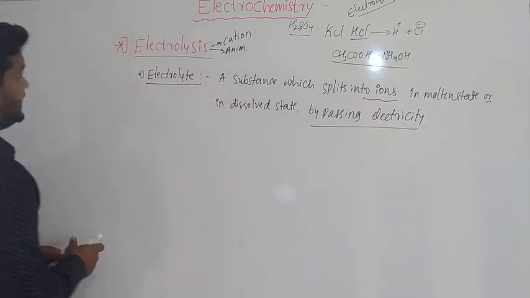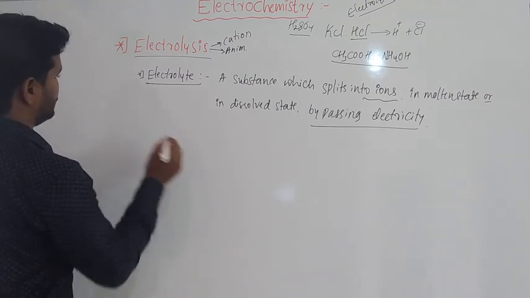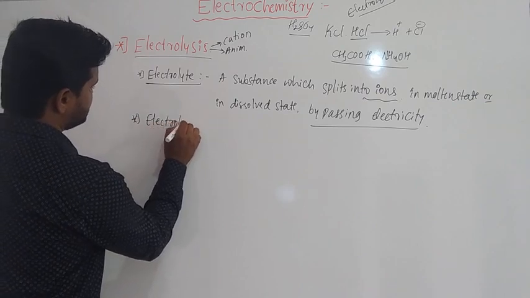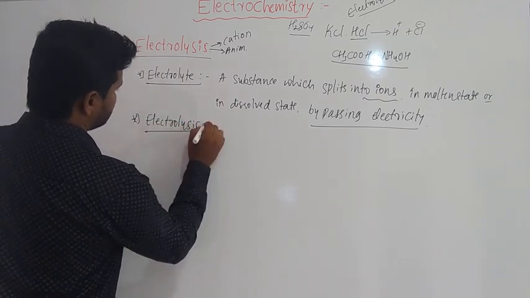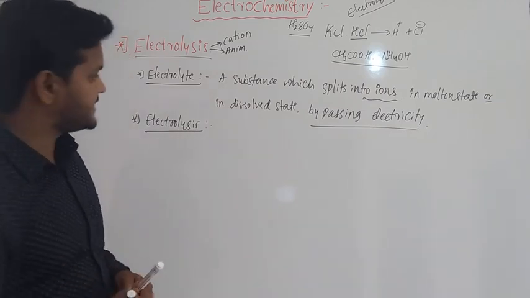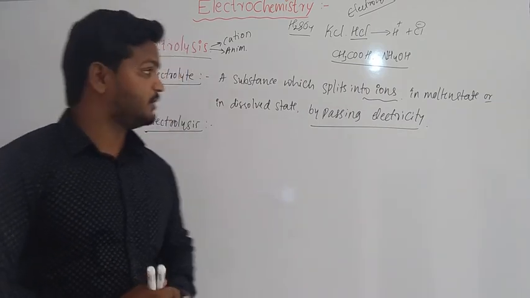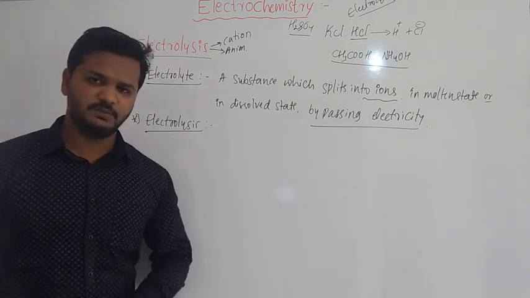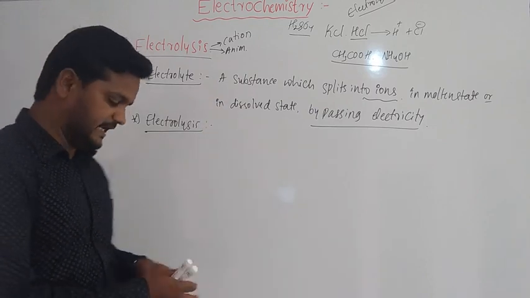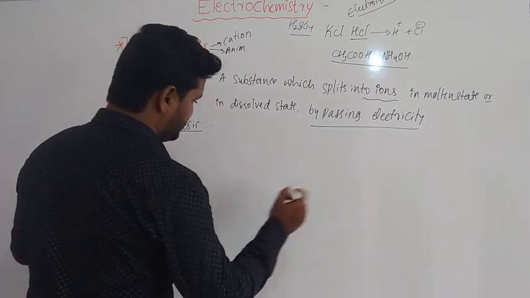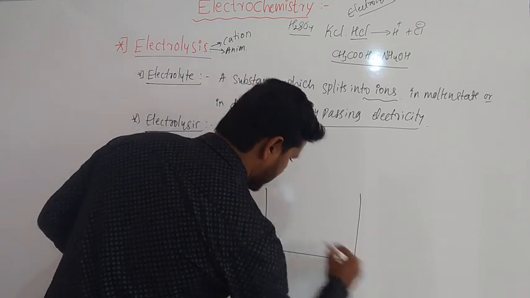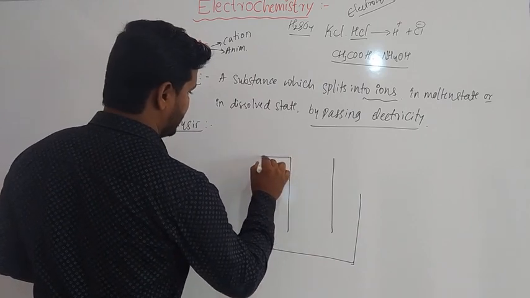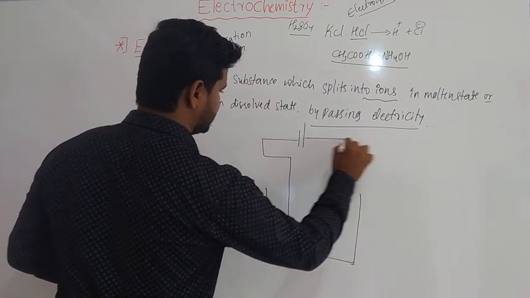And next, electrolysis. What is meant by electrolysis? Students, electrolysis means the process in which, on passing electricity, the electrolyte splits into ions, and then the ions are deposited at the oppositely charged electrodes.